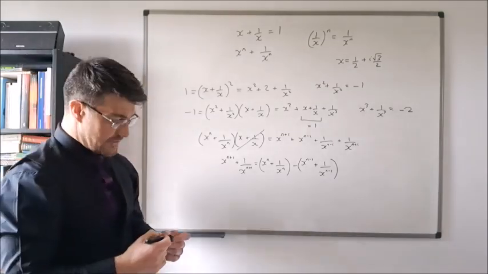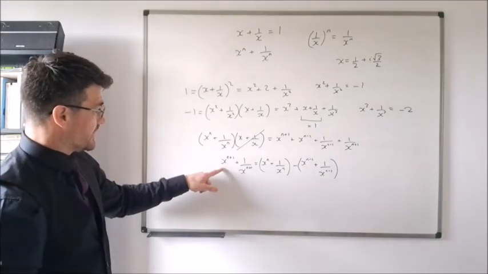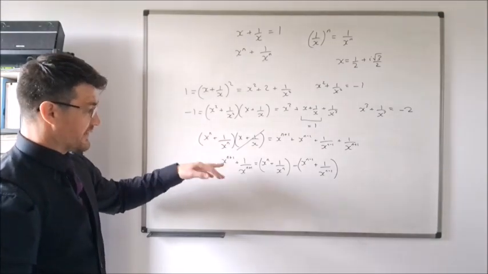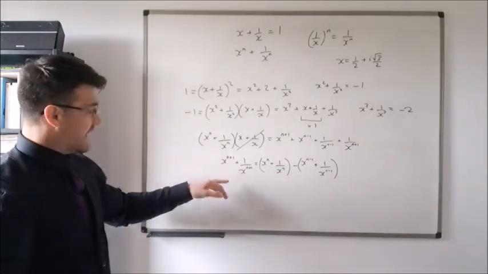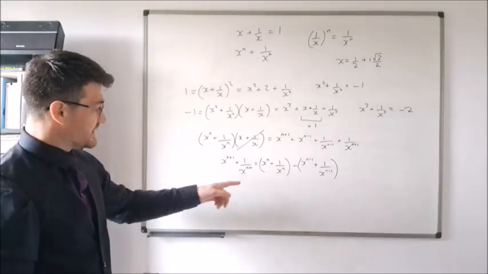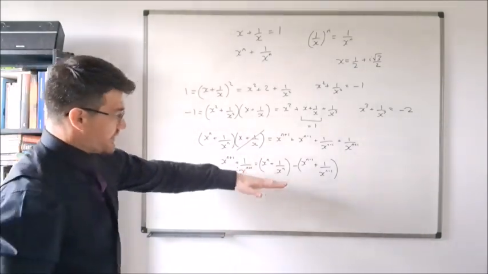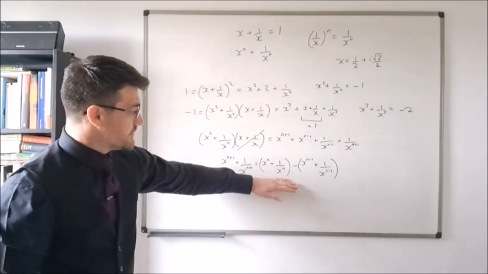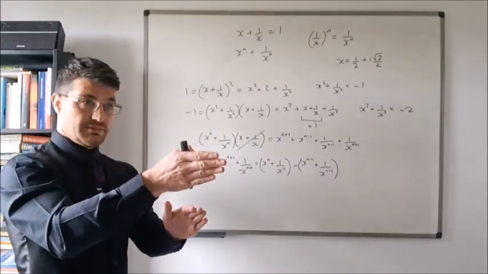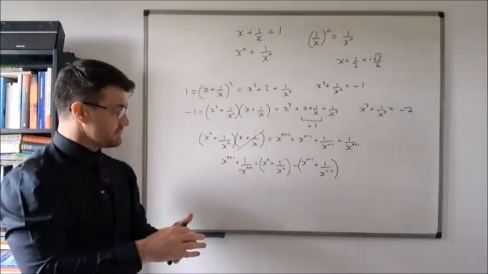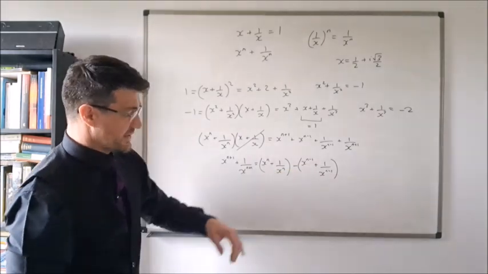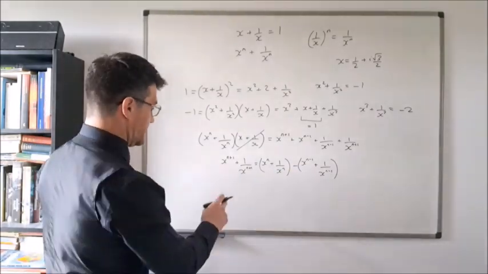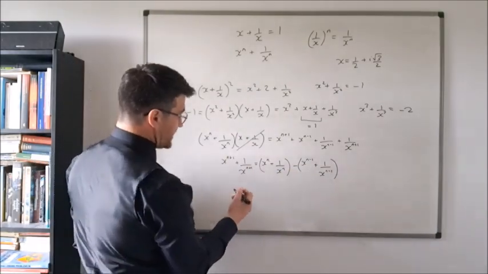So I get a kind of recurrence relation here. If I want to find out what the value of x to the power of n plus 1 over x to the power of n is, I just do the previous value minus the value 2 less than n. In this case, n plus 1.